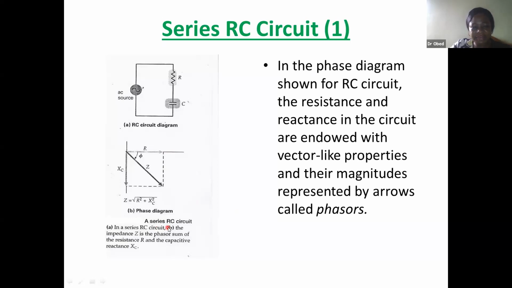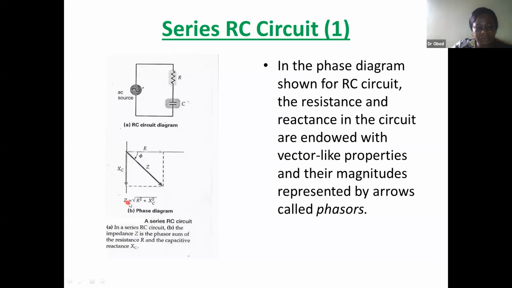So we have a series RC circuit. In a series RC circuit, the impedance Z is the phasor sum of the resistance R and the capacitive reactance XC.